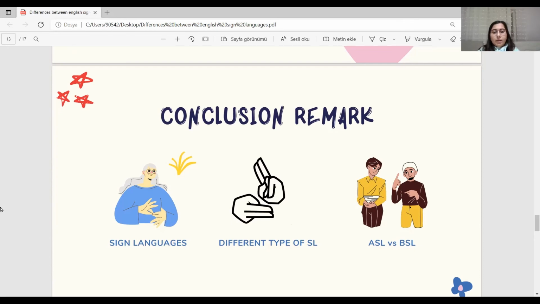Using one hand in ASL can be seen. This is called dactylology, while BSL is two-handed.